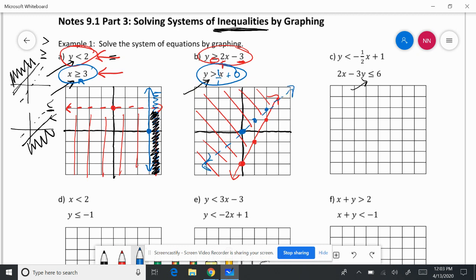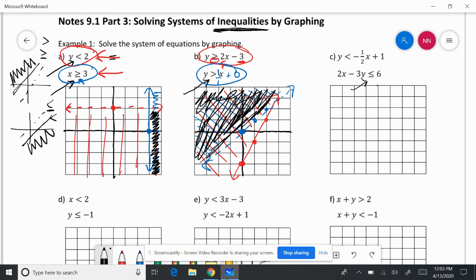And because it's greater than, I'm going to shade above the line. Now, my final answer is where the two overlap. So wherever I see red and blue together, I am going to darken it so I can tell what my answer is.